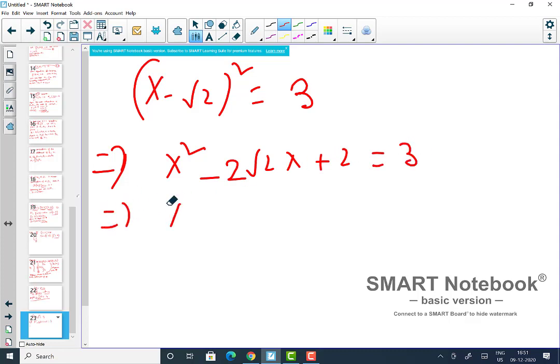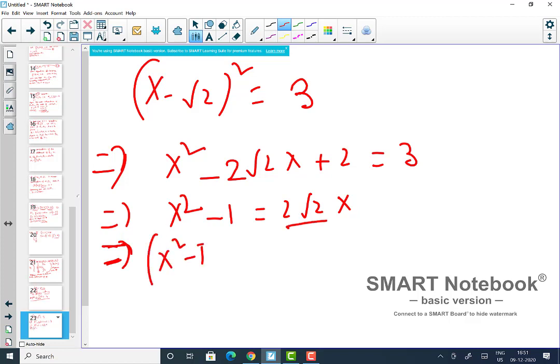And that gives you x square minus 1 equal to 2 root 2 x, right? Now you have to make it over Q, so you need to take the square also, so you'll have (x square minus 1) whole square equal to 8x square.